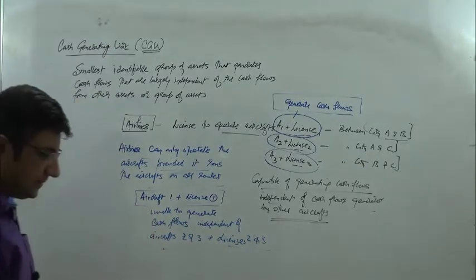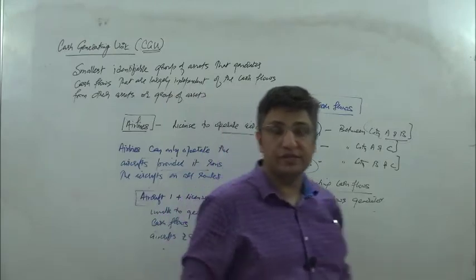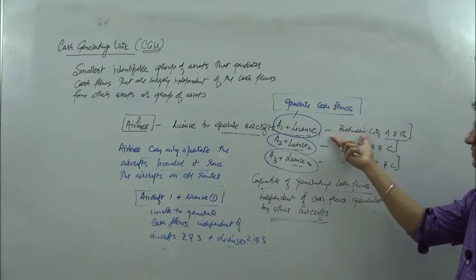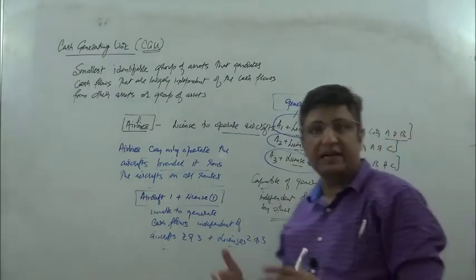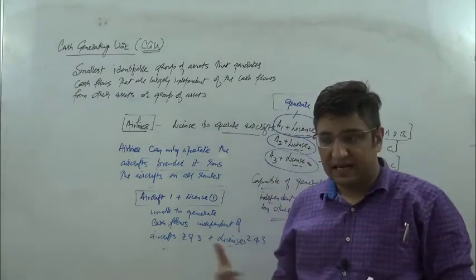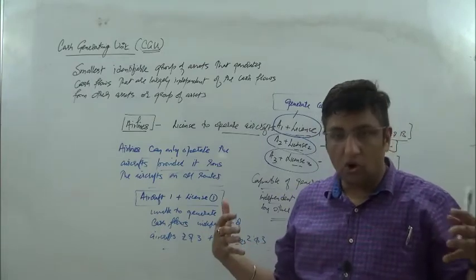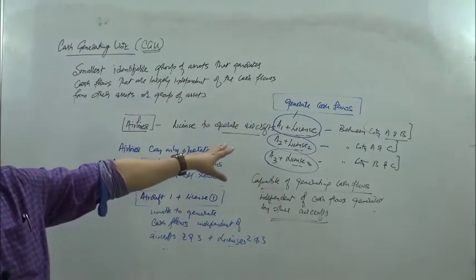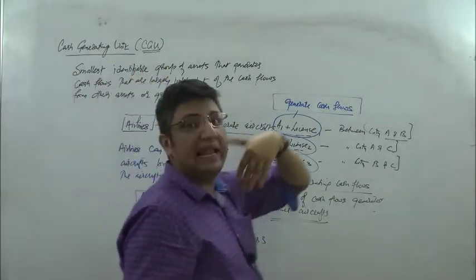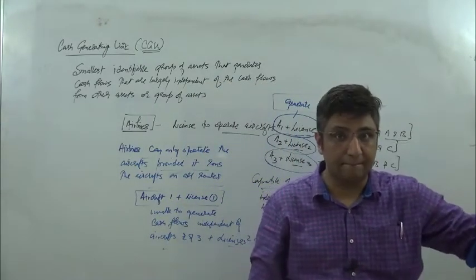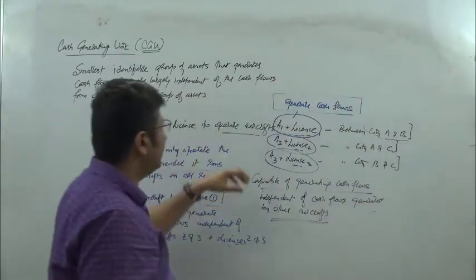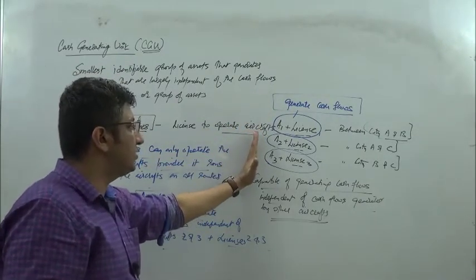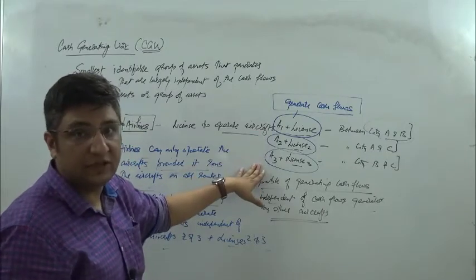What we are trying to say is, in this situation, the company cannot generate cash flows by only having aircraft 1 and license 1. It has to operate all these aircrafts on all the routes. Otherwise, they would not be allowed to operate the aircrafts at all, right? That means A1 and license 1 cannot create cash flows without taking into consideration A2 plus license 2 and A3 plus license 3.